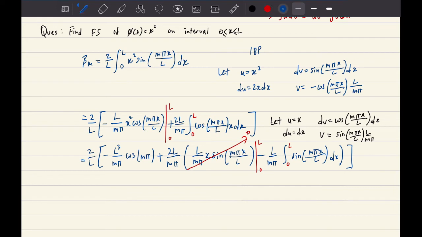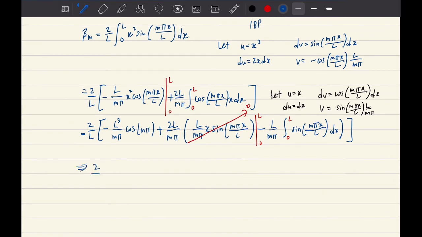So let's rewrite things that have been simplified. That will become m pi cos, plus 2L on m pi, and we have minus. I feel like I did something wrong, but I couldn't figure it out. That's okay.